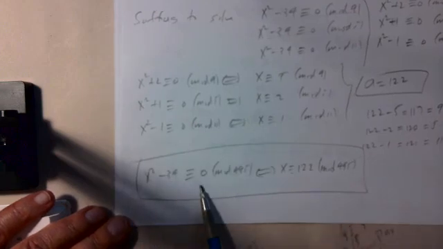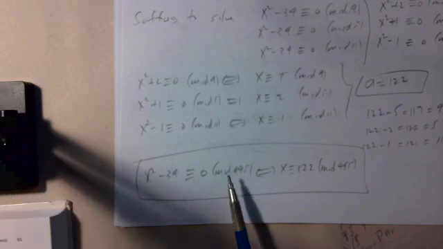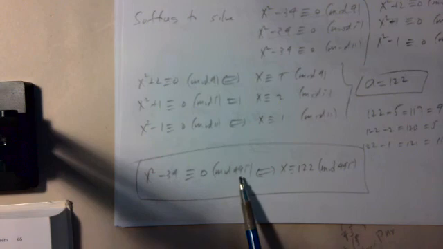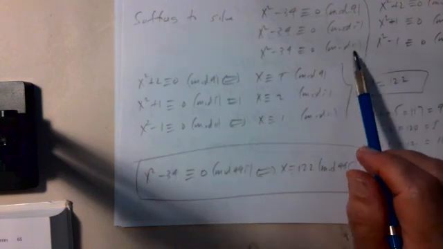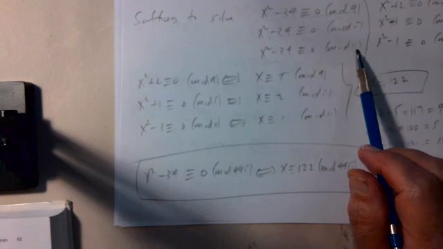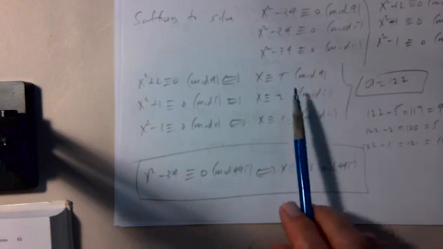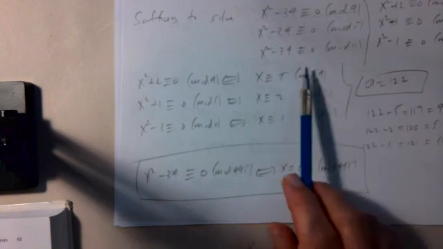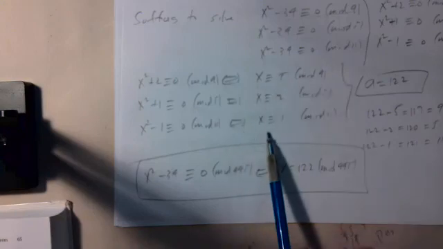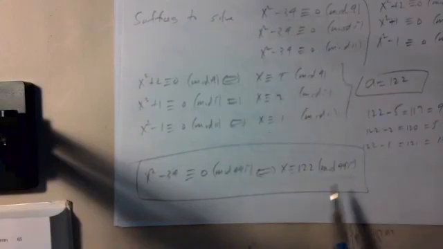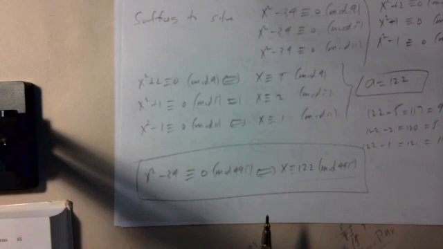So I solved this polynomial equation mod 495 by factoring 495 into a product of prime powers, solving this for each of the prime powers separately, using the Chinese remainder theorem to find a simultaneous solution of these three congruences. That gives me this, and I've solved the problem.